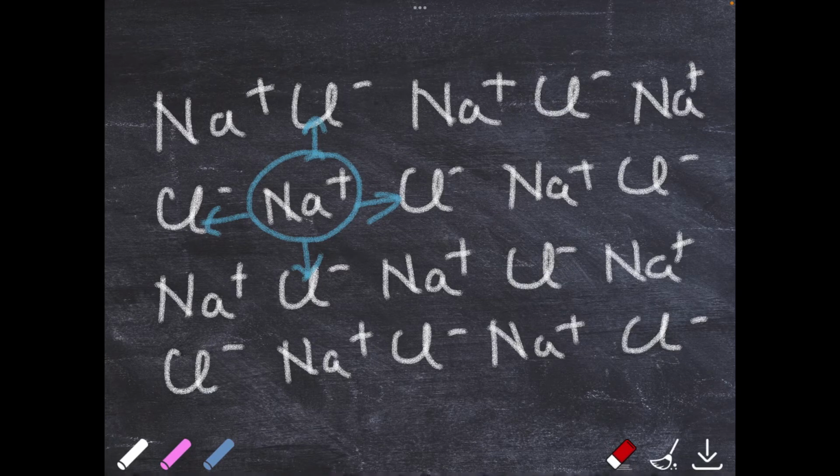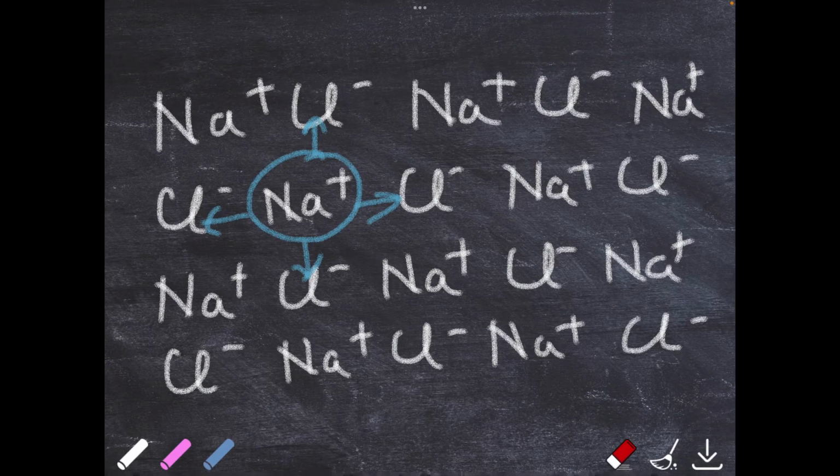If we say that Na plus has a particular orientation, it does not have any orientation or direction, because it is attracted by Cl minus on all sides with equal magnitude and opposite. So as such, there is no particular direction in which Na plus will be oriented.